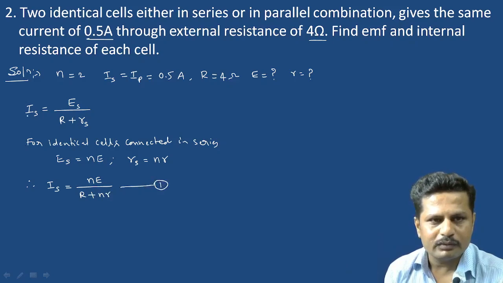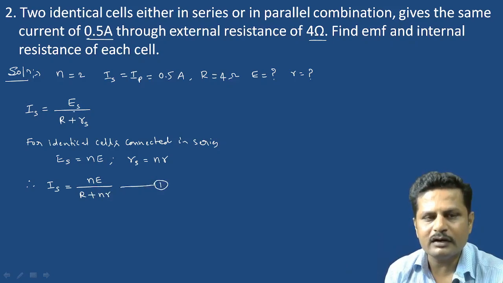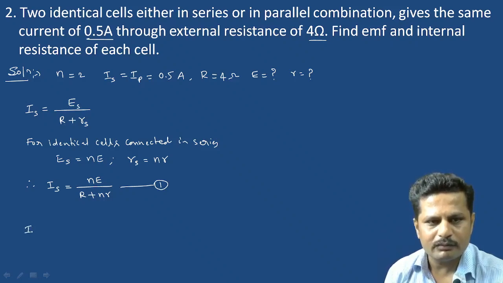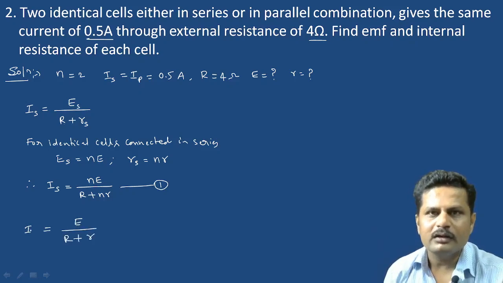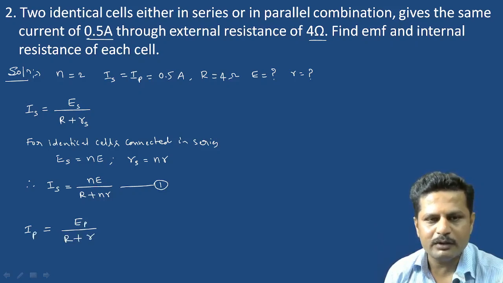Now if the cells are connected in parallel, then I_P, we know that I is equal to E divided by R plus r. If they are connected in parallel, we get I_P equals E_P divided by R plus R_P.